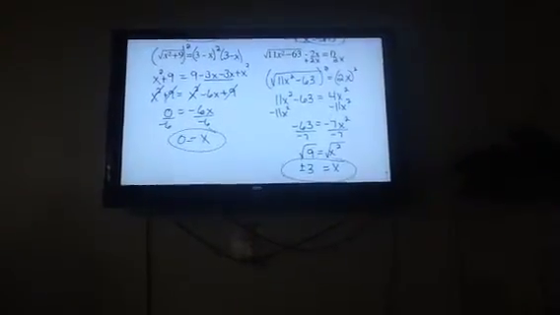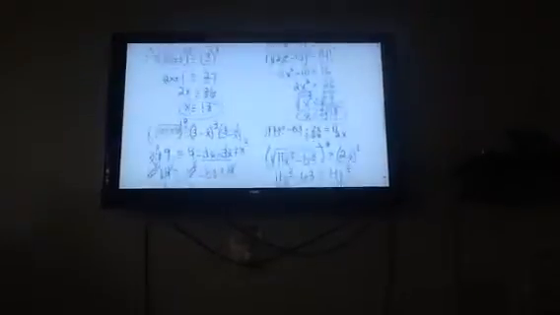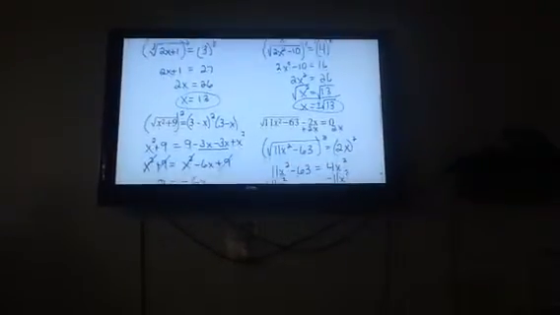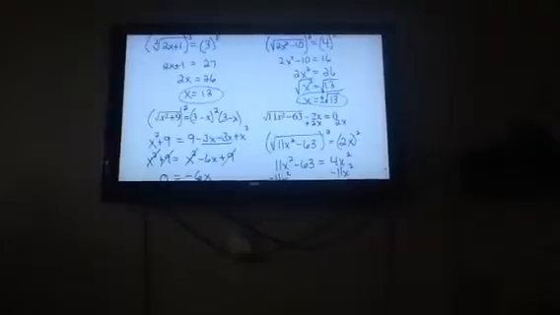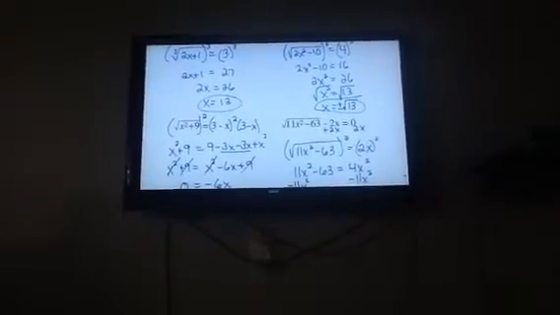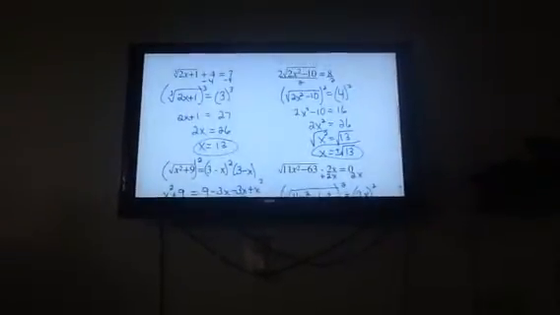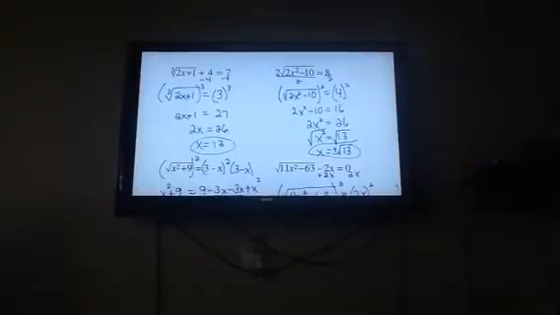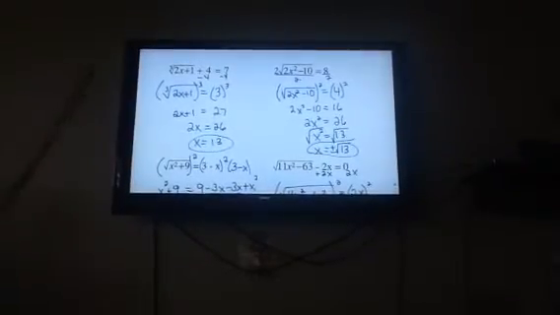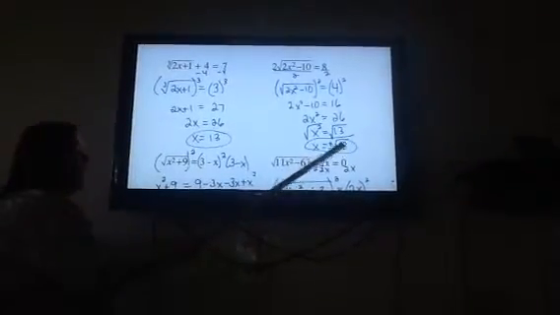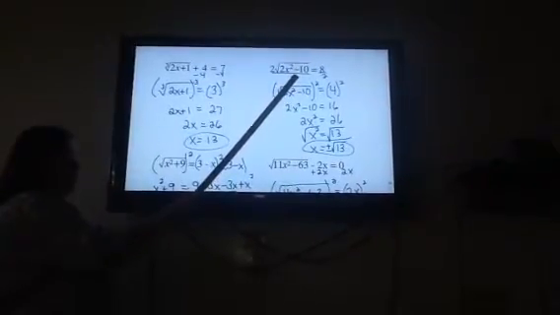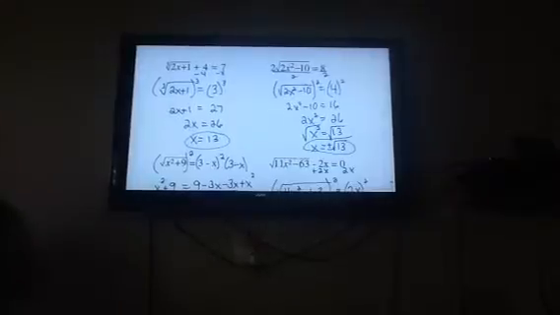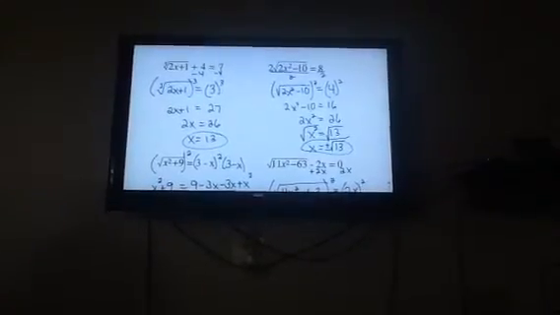Okay, so let's talk for a second about when something's not going to work. If you look at this one up here on the right, if I take the square root of 13 and I plug it in this equation, I'm going to get the exact same thing when I plug in the negative square root 13.